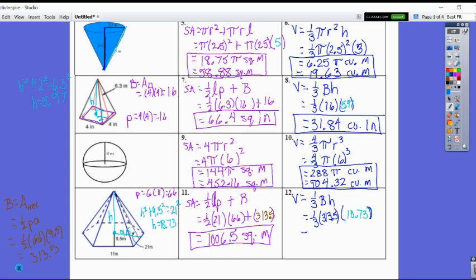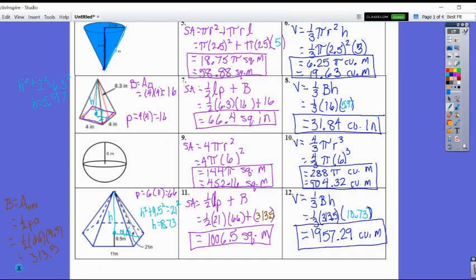Now, with this calculation, we can put that right into our calculator. And so 1/3 times 313.5 times 18.73, 1,957.29. This is volume, so these are cubic meters.